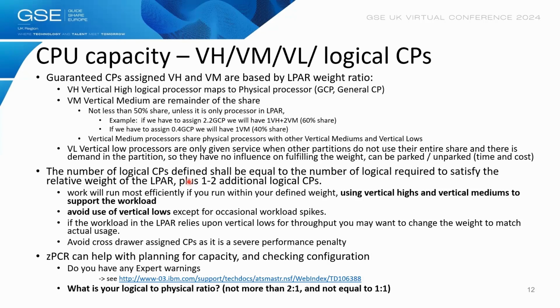If you have CPs across multiple drawers, there will be some penalty because the context switch costs a lot. They are basically farther away. In the last study that we had, one of the customers had one CP that was in the second drawer, and it turned out that the performance of that CP was like 70% of the full GCP that they would have in the first drawer. So the performance was really degraded.